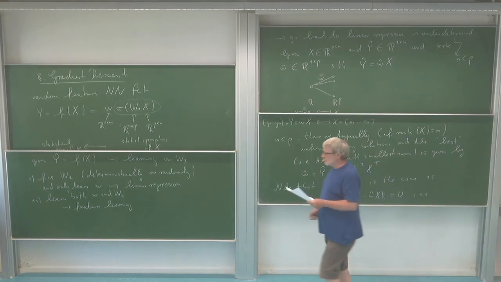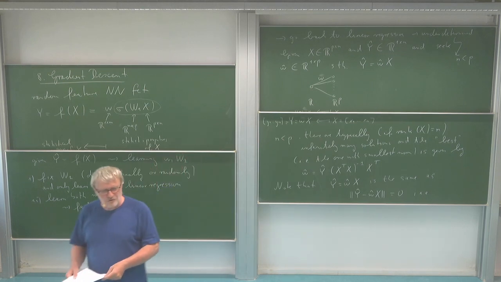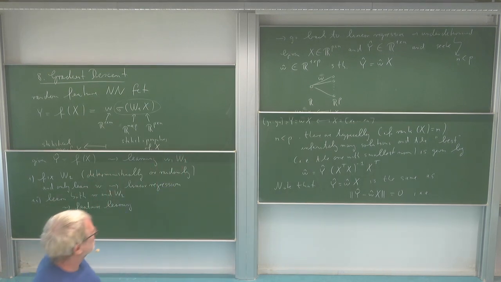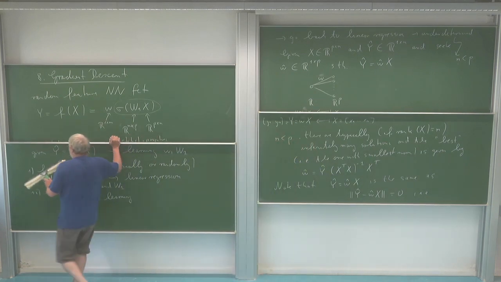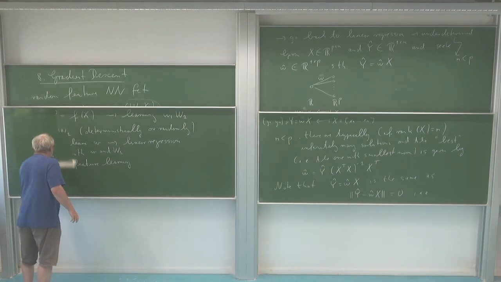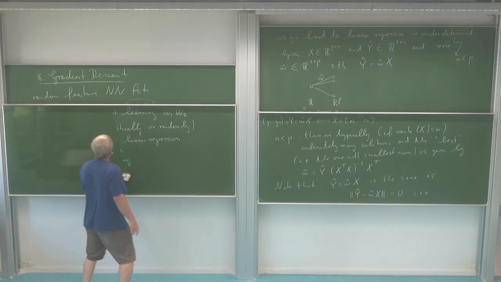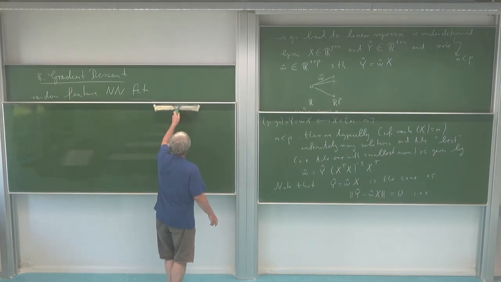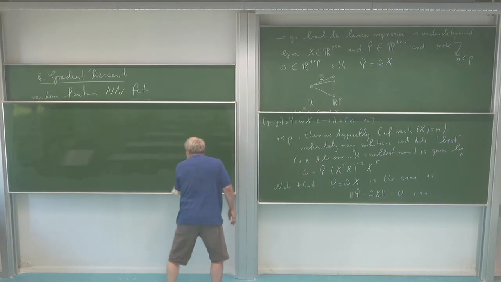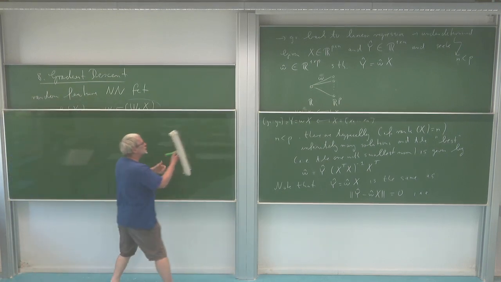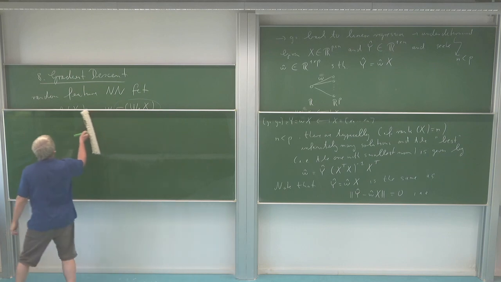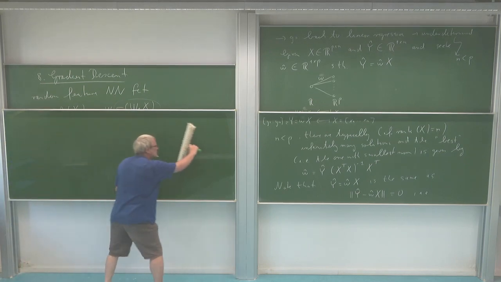And for minimization problems, of course, we can use calculus. The minimizer is given by a point where the gradient disappears. And if I want to have a numerical algorithm, then the gradient gives me the right direction where I should go to improve my situation. That's why this is gradient descent.